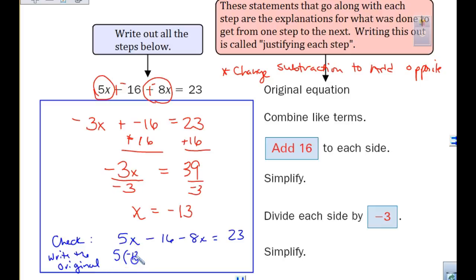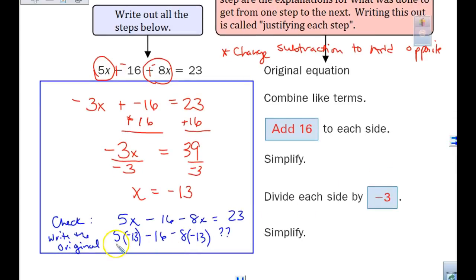And the reason I'm saying your calculator is most of you probably don't know 5 times negative 13 and 8 times negative 13. So put this whole thing in your calculator. Some of you don't have a calculator yet, some of you aren't typing. Type it in your calculator: 5 times negative 13 minus 16 minus 8 times negative 13.